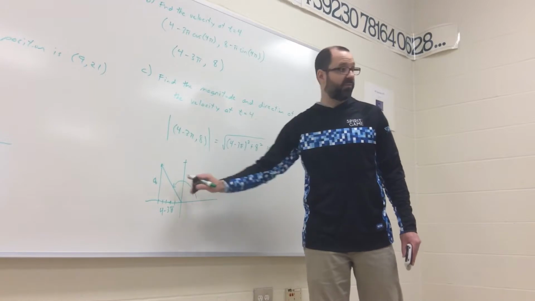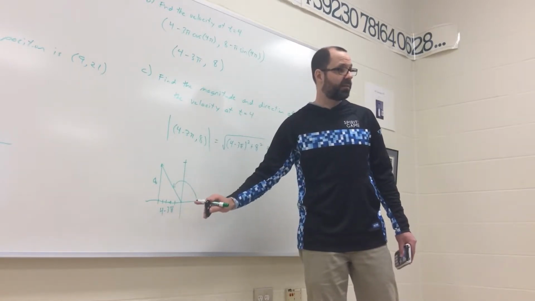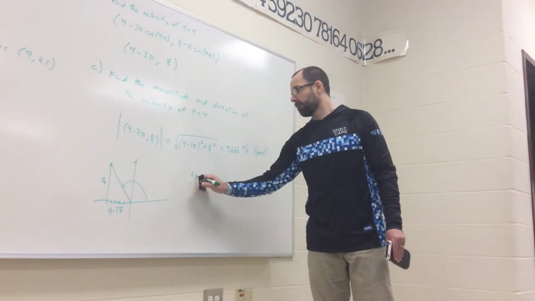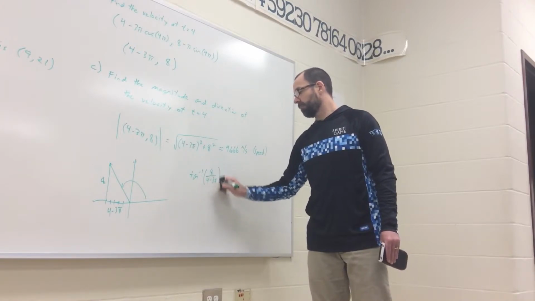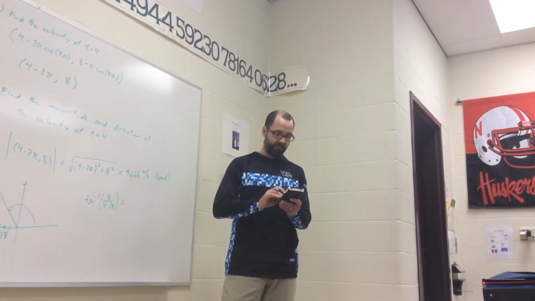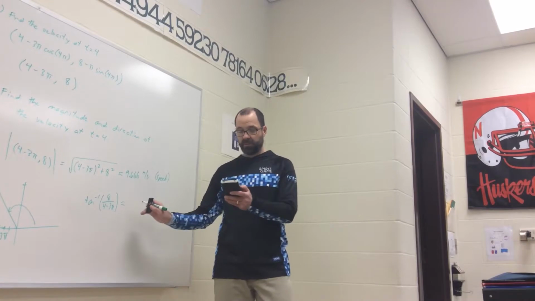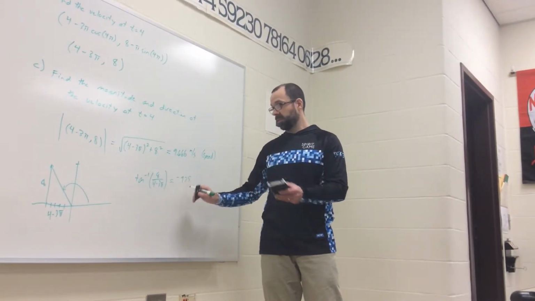And we're going to do the inverse tangent of the 8 over 4 minus 3 pi. I'm getting negative 0.975.